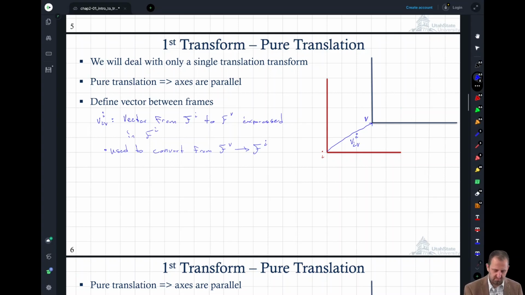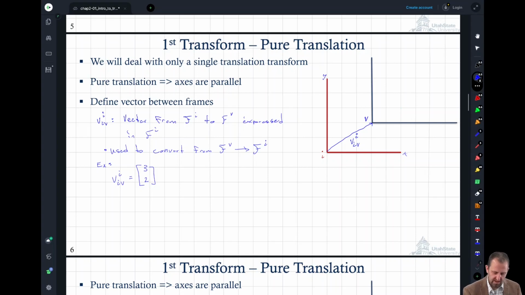So in this example that we've been doing, we now could write out just by looking at this. This is again our X and our Y frame, and we have no rotation, so the X direction and Y direction is going to be the same in terms of both coordinate frames. But we could define V_IV in frame I as just going to be equal to over 3 and up 2. So that's not too crazy.